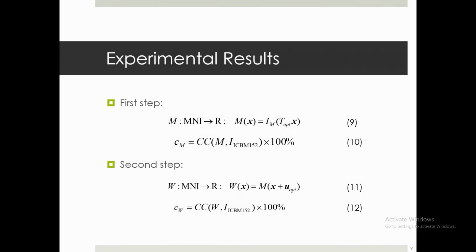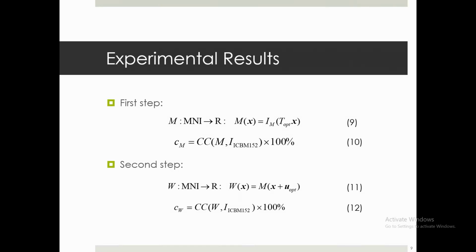Afterwards, we employ our deformable registration algorithm to further register M with the template. Again, after convergence of the algorithm, the warped image W can be computed by using the optimal deformable vector field as equation 11.